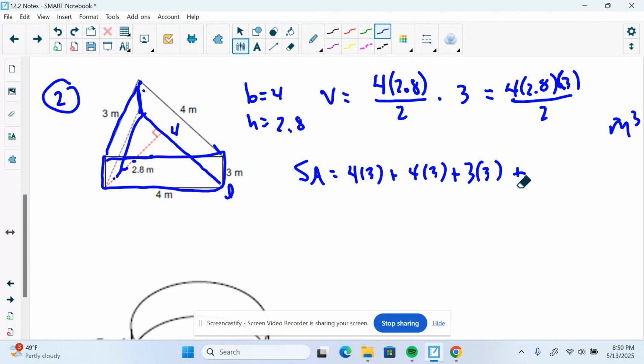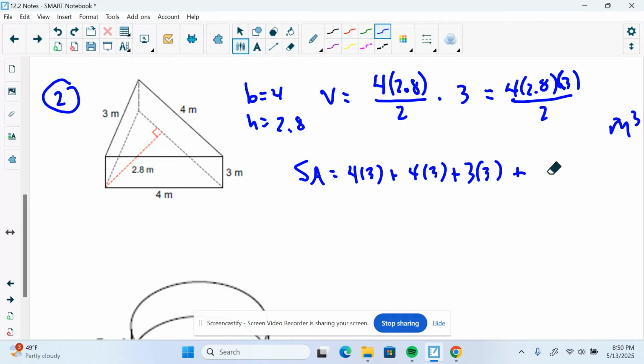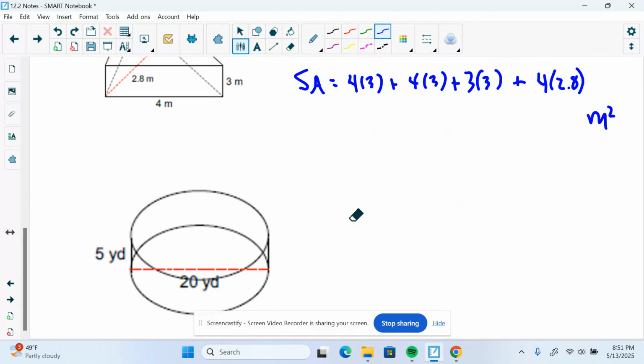And then I'm going to have the triangular top and bottom. And I have 2 of them, so that's the BH, which is 4 times 2.8. Again, we grab a calculator. We do the computation, and we have meters squared. Okay? And you can work that out. It's pretty easy. You just plug the numbers into the calculator. Okay? That's what we're going to come up with.